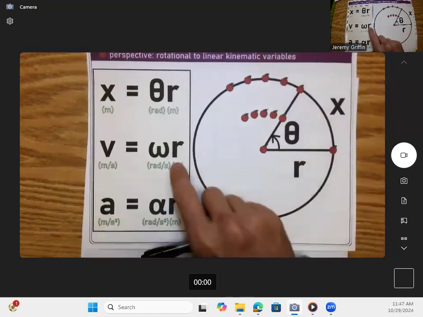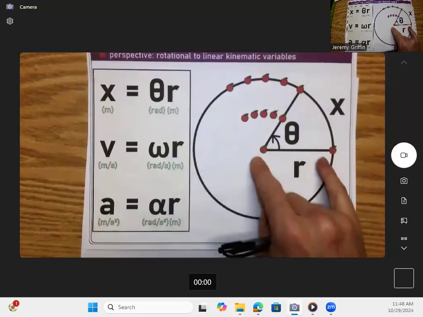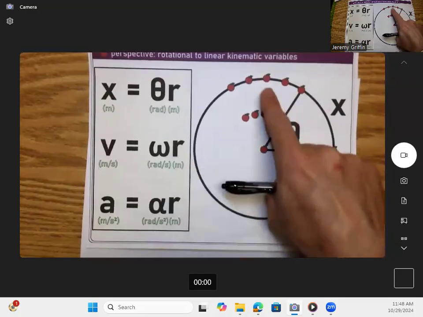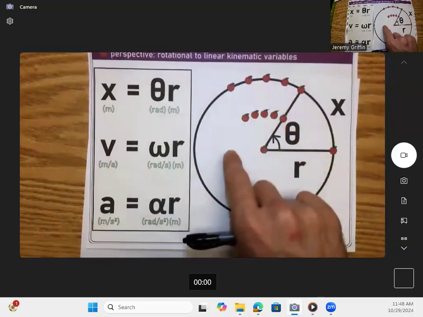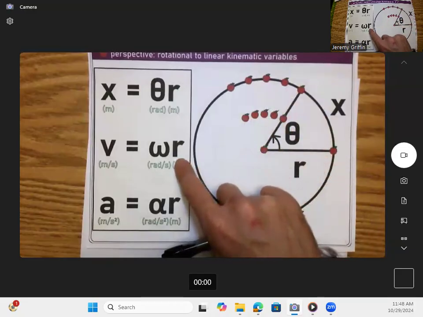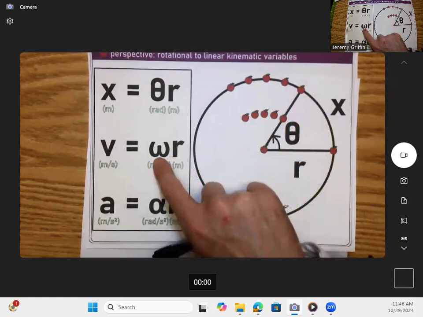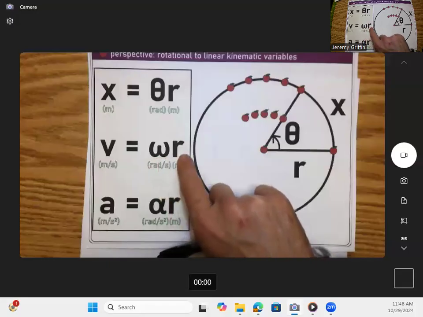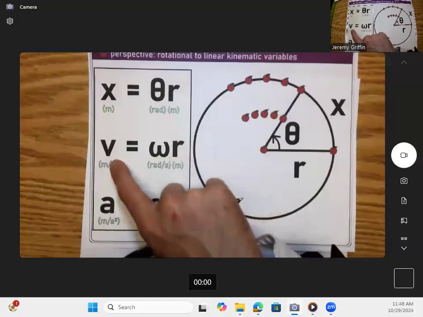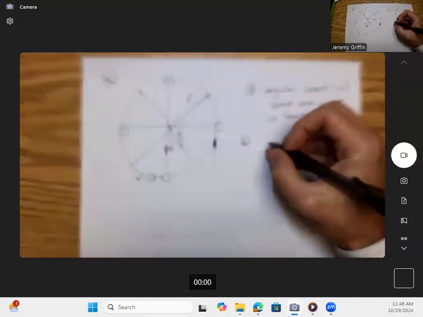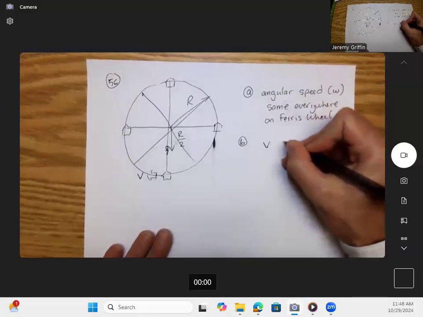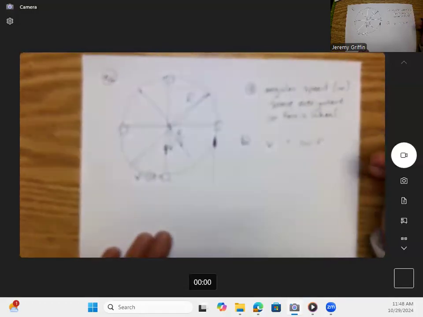Well, if he's at r/2 because he's halfway out, here's all his friends out here, here's Sam Nasty, he's halfway out, and everybody has the same angular velocity. Do you think you have half the tangential speed? Yeah. I'll back it up with this equation: v equals omega times r.